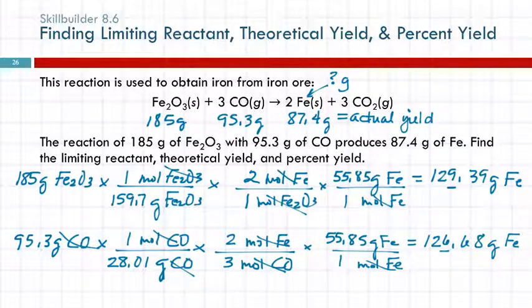So let's look at the question again. Find the limiting reactant, theoretical yield, and percent yield. So what's our theoretical yield? It's the smaller one. It's this one. So to round this to 3 sig figs, this is 5 or greater, I round up. 127 grams iron equals the theoretical yield.